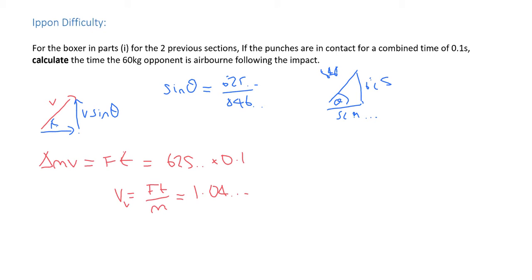Now thinking about what its motion will look like. Essentially what it's going to do is go up like this, and the key feature here is that at the top its velocity is 0. So we're going to use that, and our SUVAT equation, v equals u plus at.